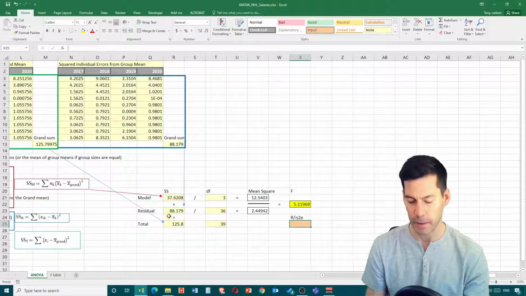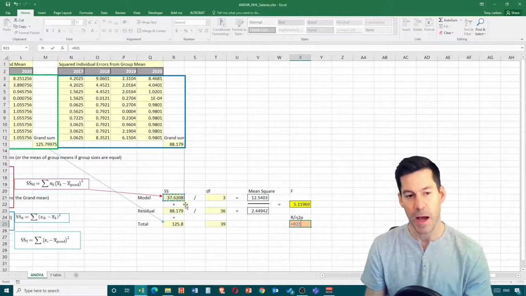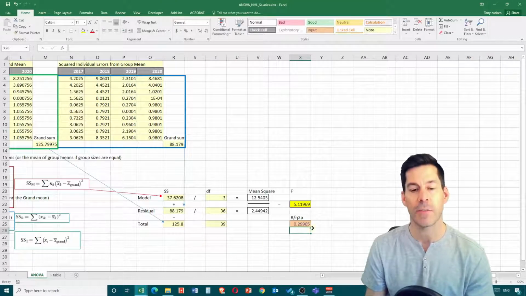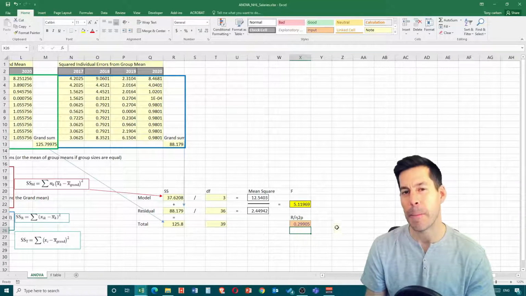So in order to calculate this, we just need to put equals sum of squares of the model divided by the total sum of squares, which gives us an eta-squared of 0.299. Okay, that's all we need to do an ANOVA by hand in Excel.